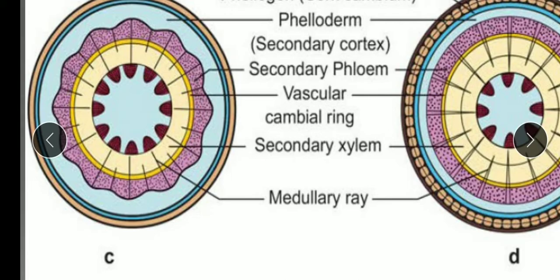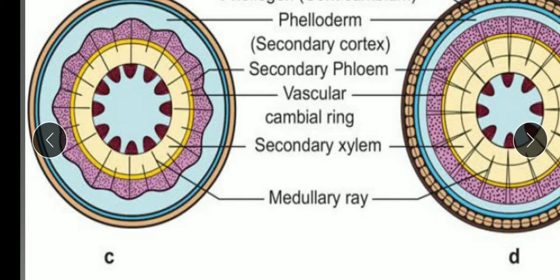Due to the periclinal divisions, the new cells are added either towards the periphery or towards the pith. So by the periclinal division, what happens? Cells are added outside, and cells are also added inner to the cambium ring.